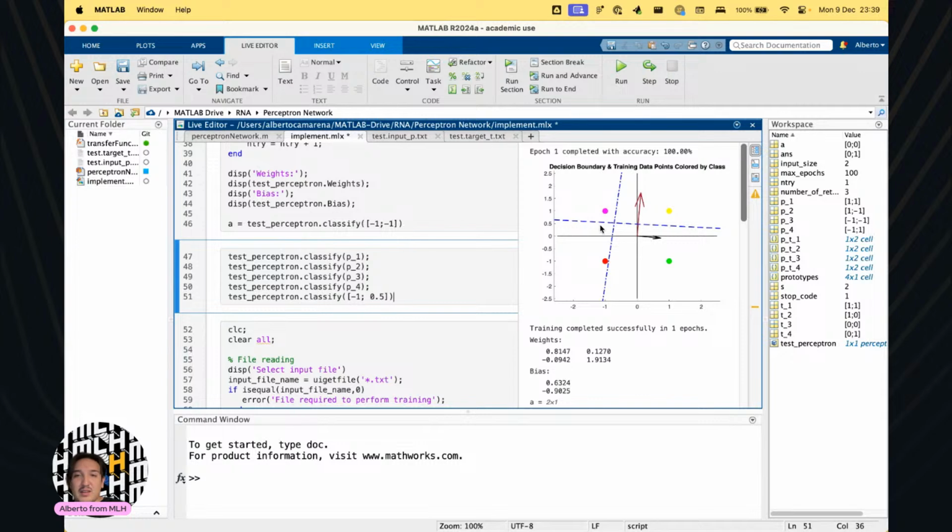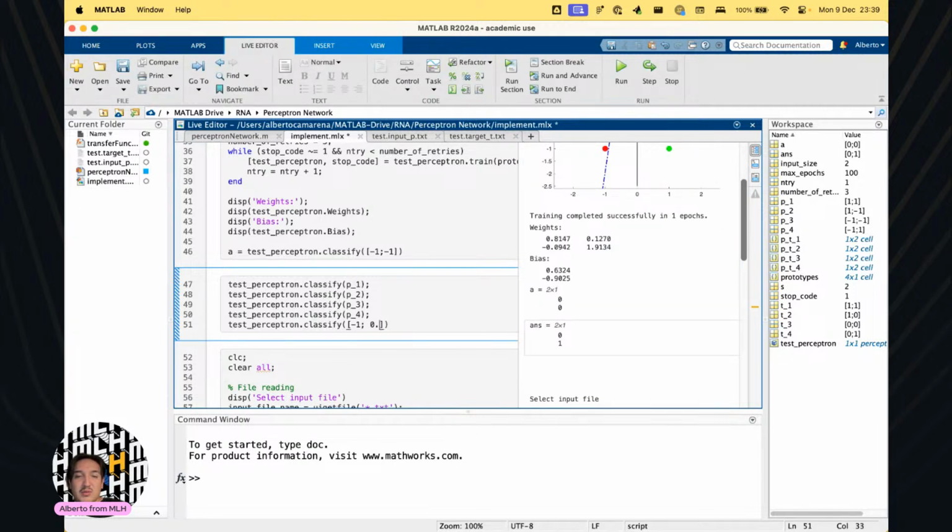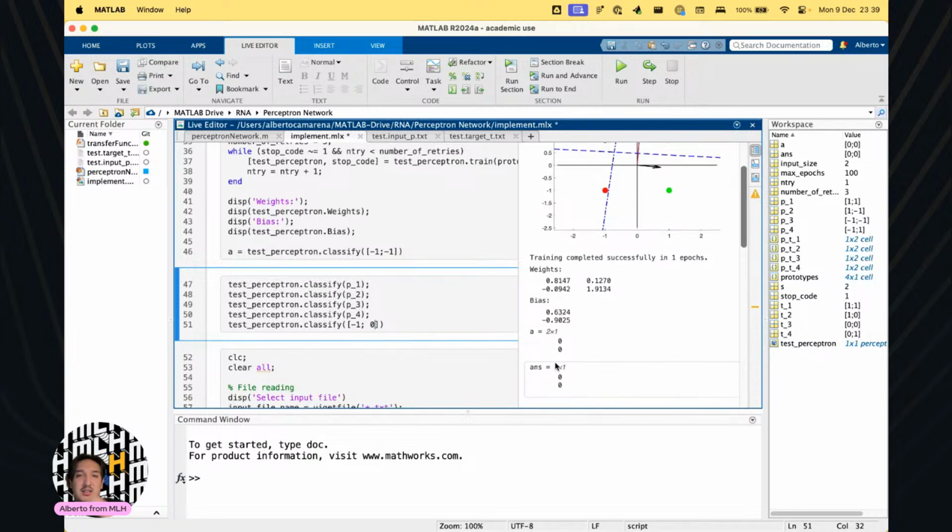Yeah, so this is wrong too, because here in this point, minus 1, 0.5 here, sorry, minus 1, 0. Okay, yeah, this is correct. 0, 0. You may be right about that.